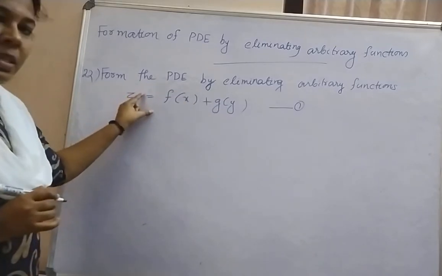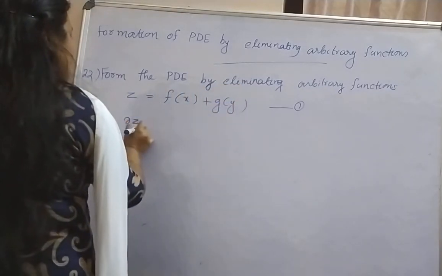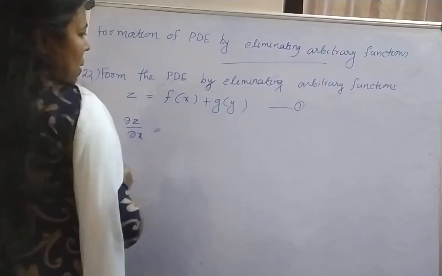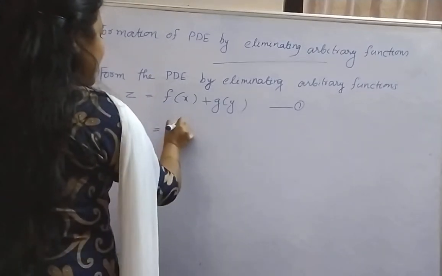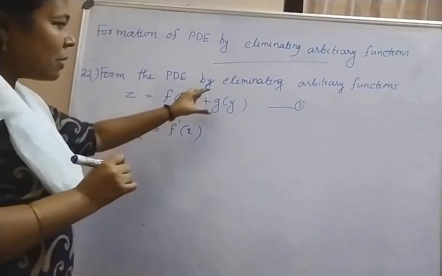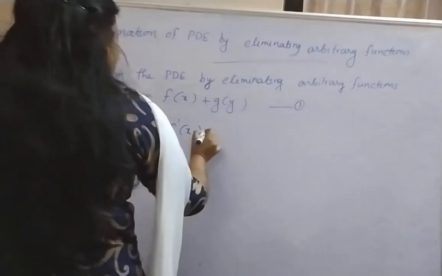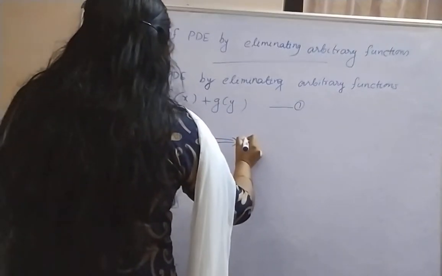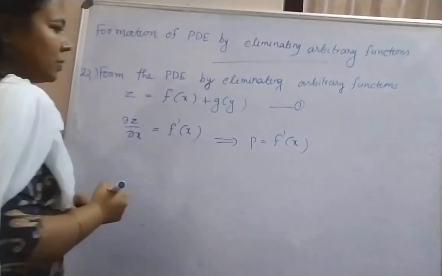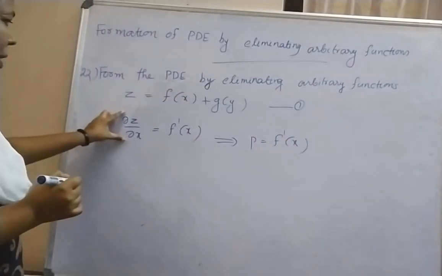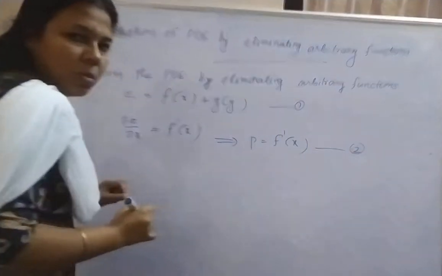First, partially differentiating equation number 1 with respect to x. That is, dou z by dou x equal to the partial derivative of f of x with respect to x, which is f dash x. Partial derivative of g of y with respect to x is 0. That is, p equal to f dash x. Take it as equation number 2.